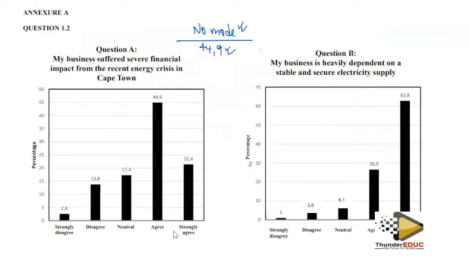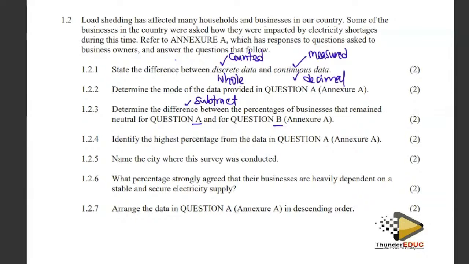Here in A, it's 17,3 neutral. Then question number B, neutral is 6,1. So we subtract the two. 17,3 minus 6,1, and the answer became 11,2.